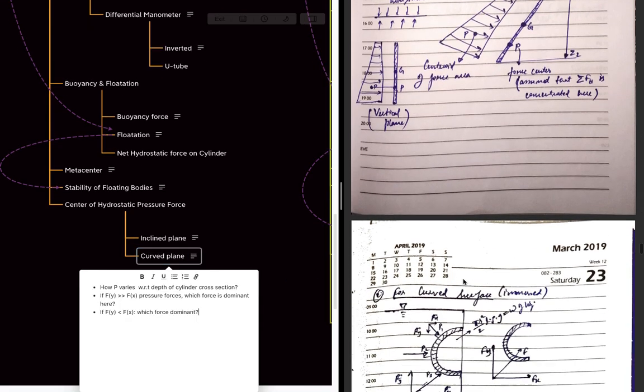Does the hydrostatic force change linearly with the depth? Yes, it changes linearly with the depth, as we know, rho g h. And how to identify the net hydrostatic force? From the centroid of the force area. Is the center of pressure an assumed quantity or an exact quantity? It is an assumed quantity.